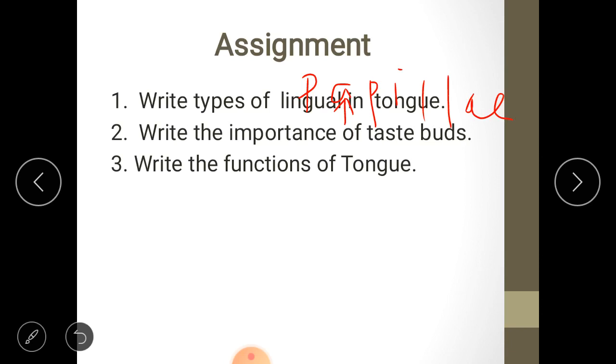Second, write the importance of taste buds. Why are taste buds necessary? What is their use? How do they perform their function? Third, write the functions of the tongue. So these are the 3 assignments.